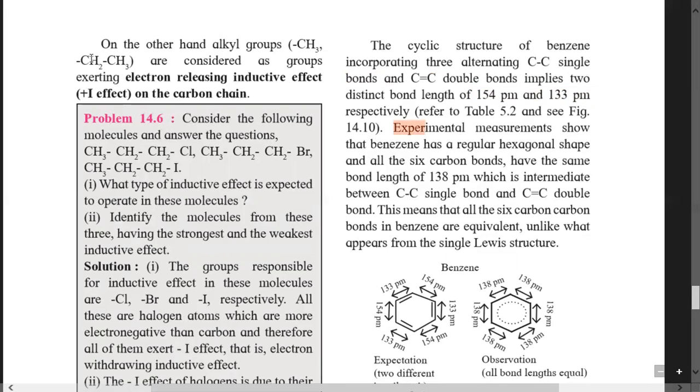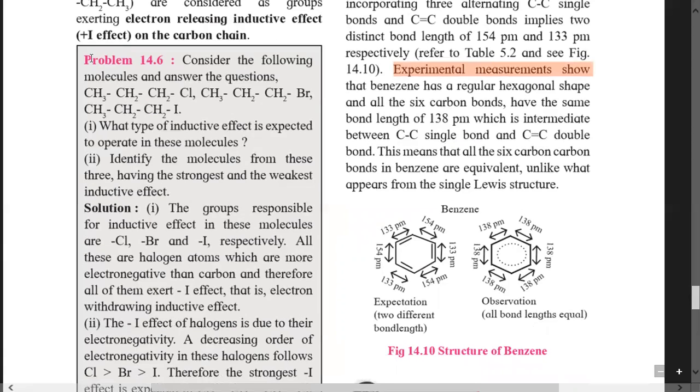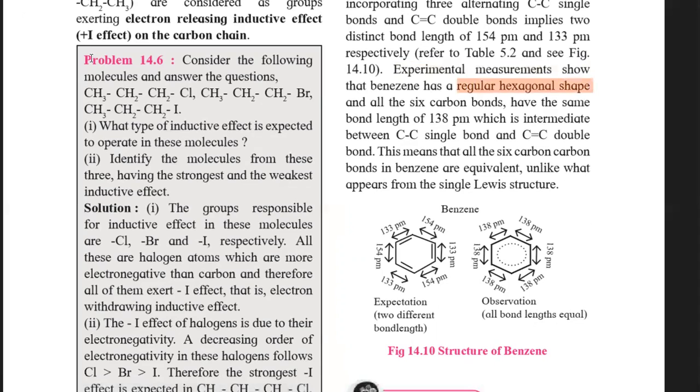But the experimental, actual measurements of the benzene ring suggested that the benzene molecule has a regular hexagonal shape, and all 6 carbon-carbon bonds have the same bond length, 138 picometer, which is intermediate between a carbon-carbon single bond and a carbon-carbon double bond.